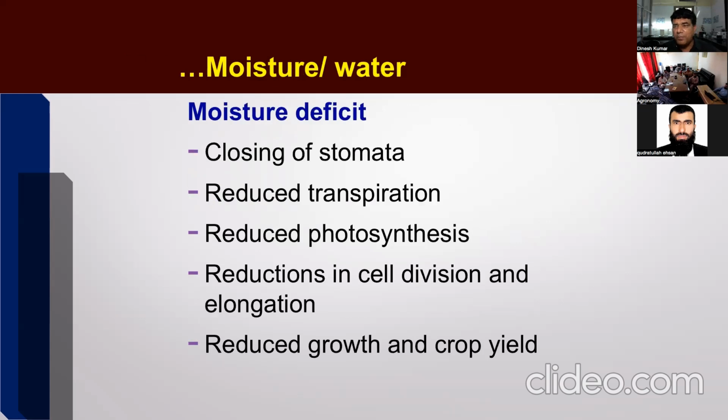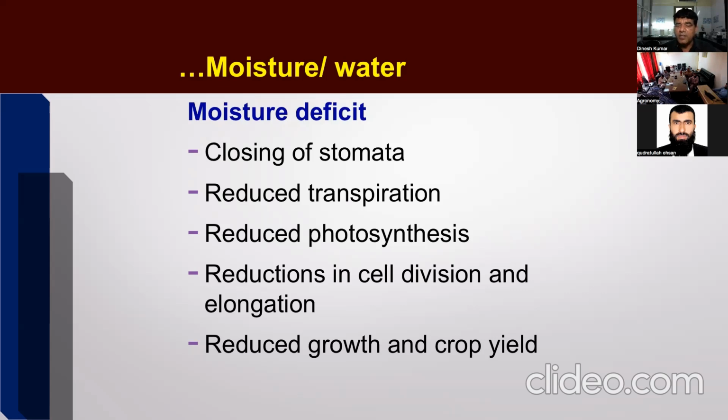Now you see what can happen if there is a shortage of water, a moisture deficit. Percentage water present in soil is moisture. So what happens? Closing of stomata. Stomata closing means your photosynthesis, transpiration, respiration, all these physiological functions of the plant will be negatively affected.